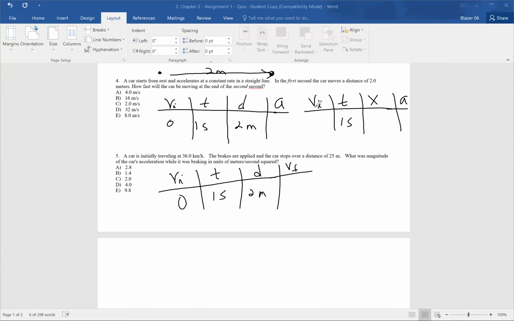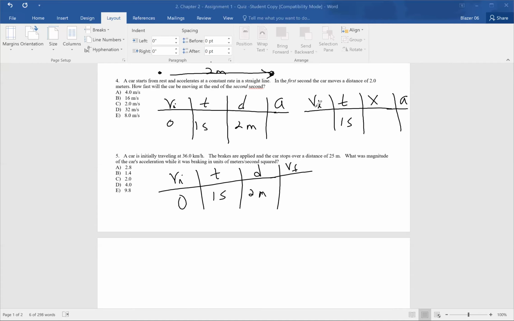Okay, someone come off mute and tell me which equation will I use to find my final speed. I'm waiting. Which equation would I use to find the final speed?